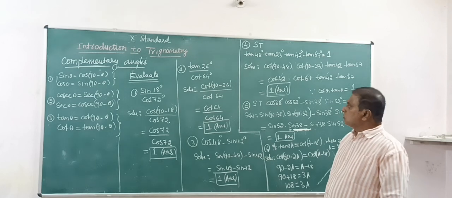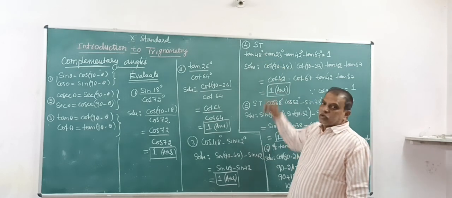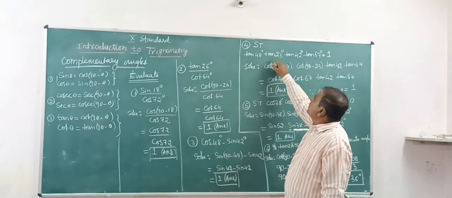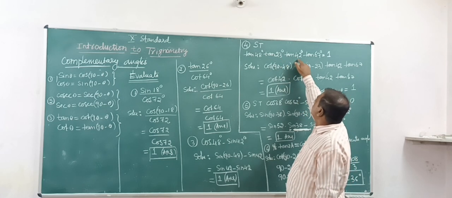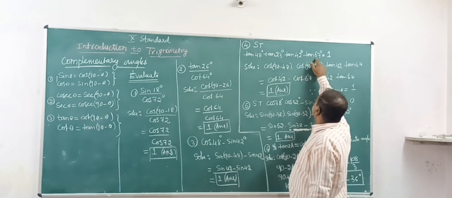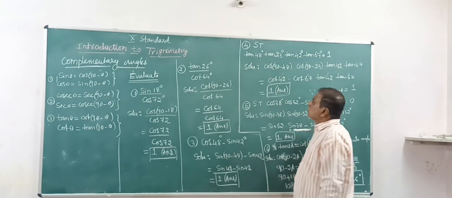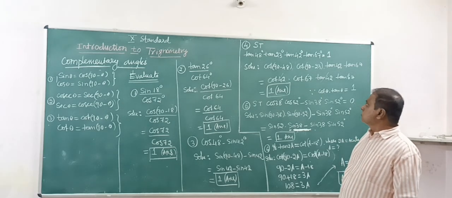And the other type of problem, here the fourth one. Show that tan 48 degrees into tan 23 degrees into tan 42 degrees into tan 67 degrees equals 1. The product of all these four functions equals 1. There are four trigonometric ratios.